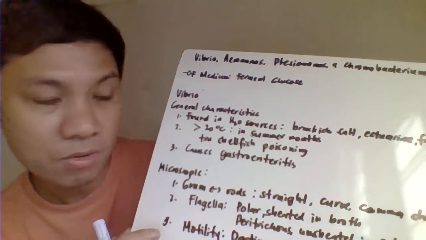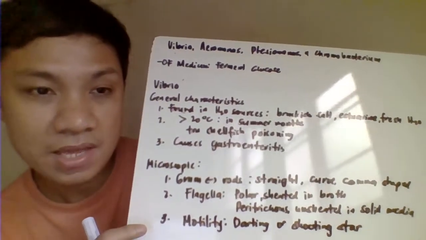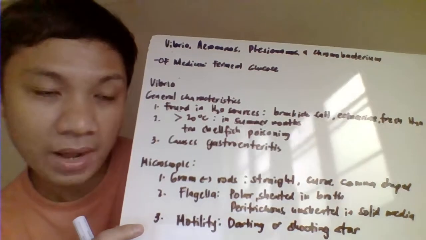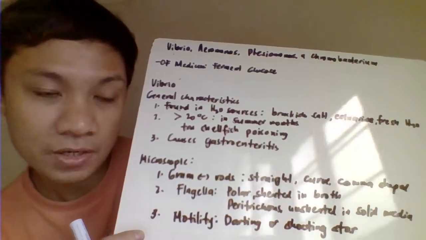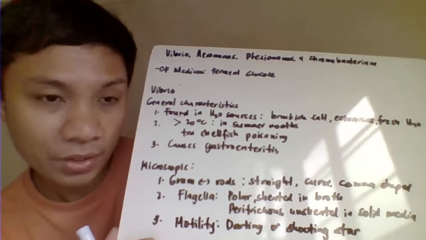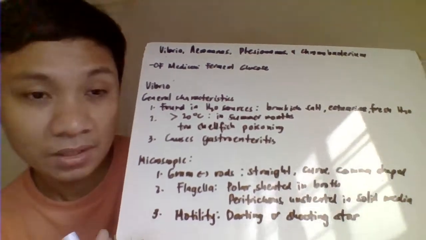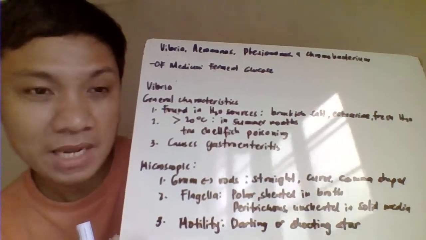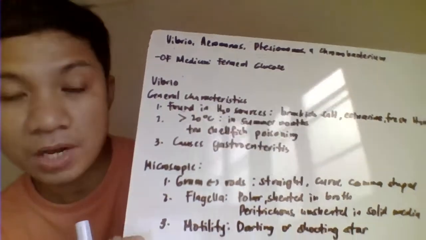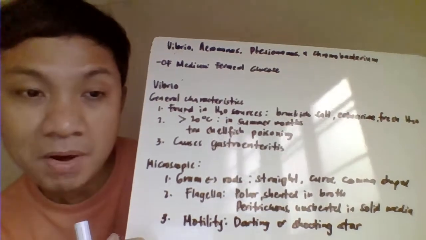Our Vibrios are usually found in a wide variety of aquatic environments, whether brackish water, fresh water, estuarine water, or any form of body of water. They most likely predominate or overgrow during the summer months.